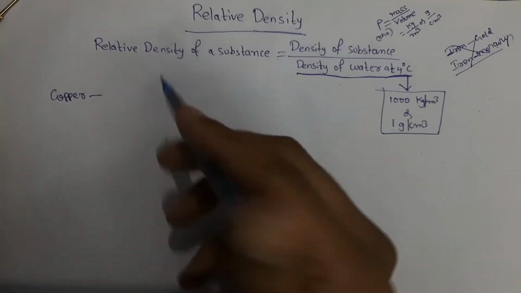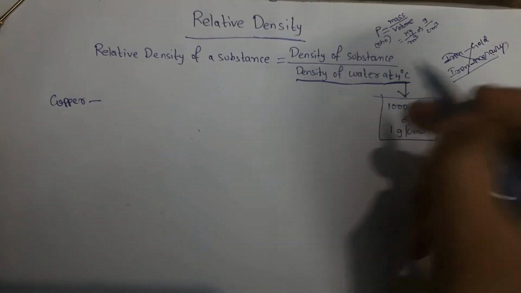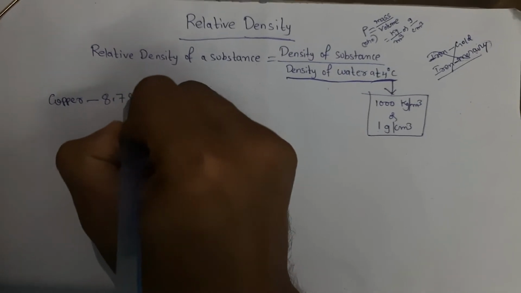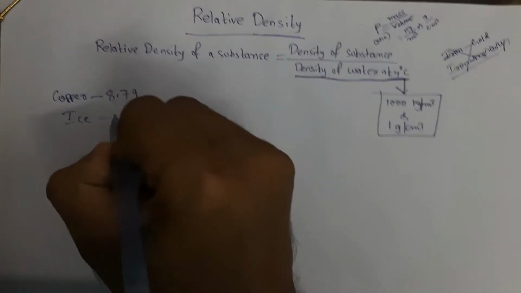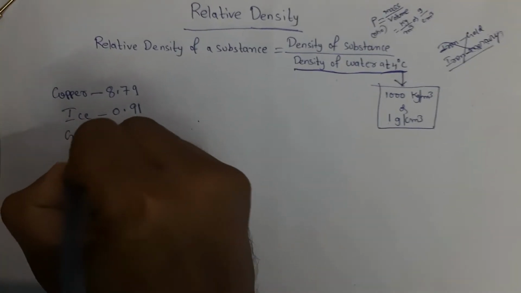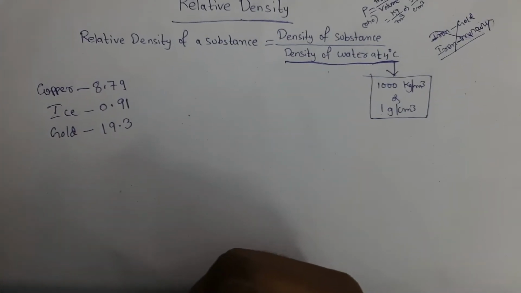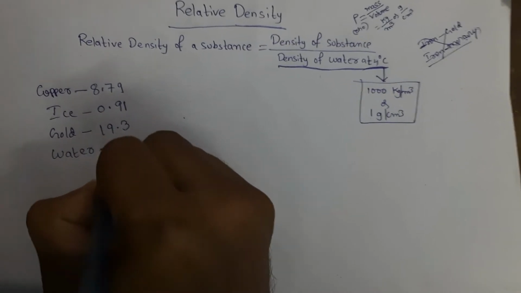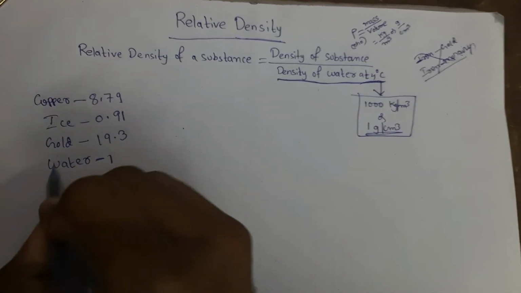For example, the relative density of copper with reference to water as a standard reference is 8.79. In the same way, ice is 0.91, gold is 19.3. Obviously, water is 1. Here we are referring to this 1 gram per centimeter cube.